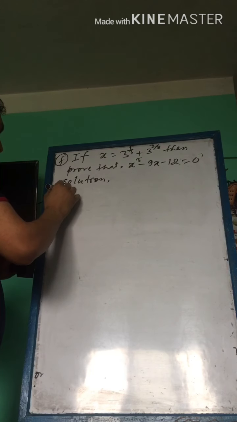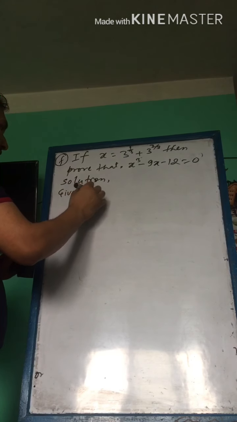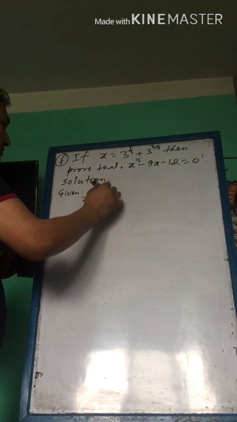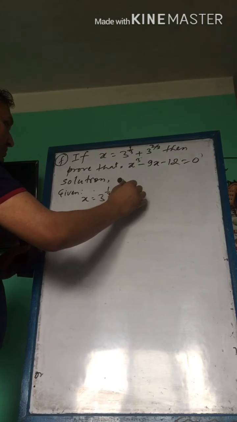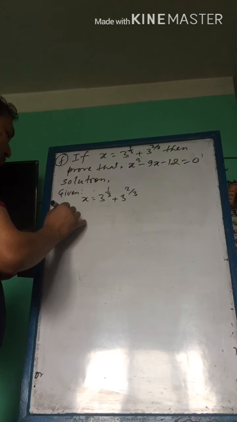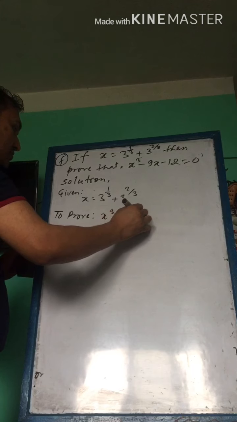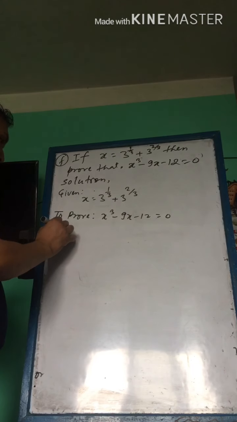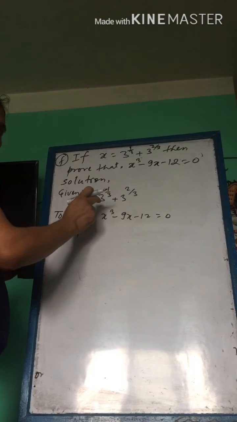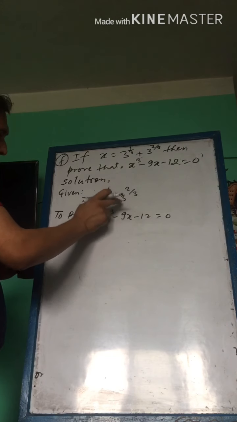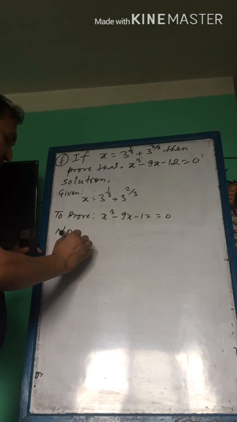Let me write what is given over here. X equals 3 to the power 1 upon 3 plus 3 to the power 2 upon 3. To prove x cubed minus 9x minus 12 equals 0. Now, from where do we have to start? To prove this, start from the given condition. It will be quite easy for you.